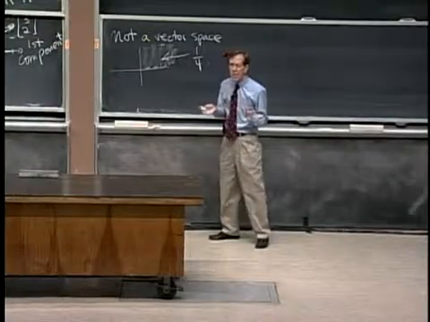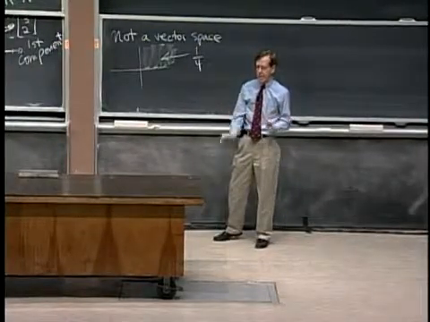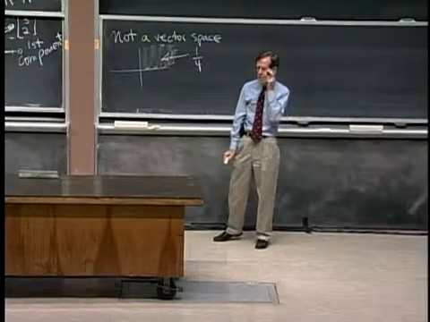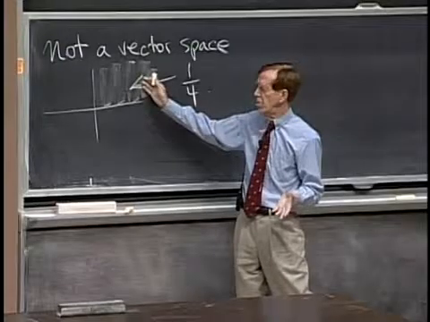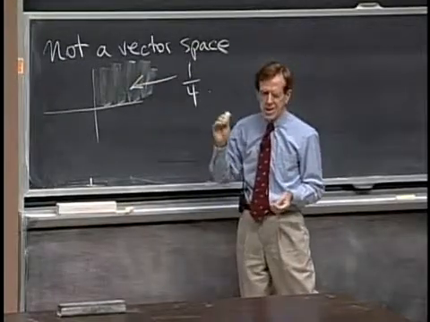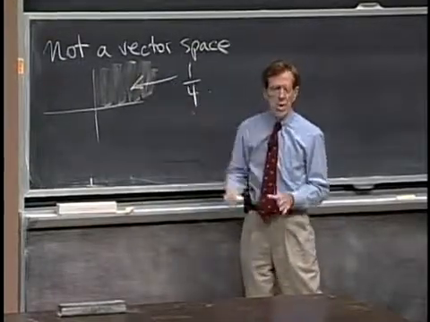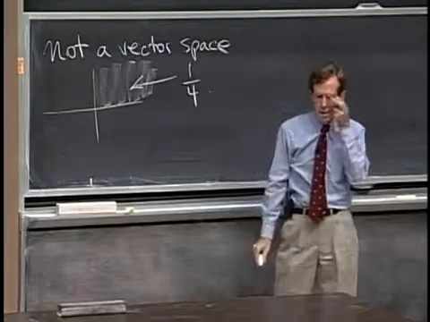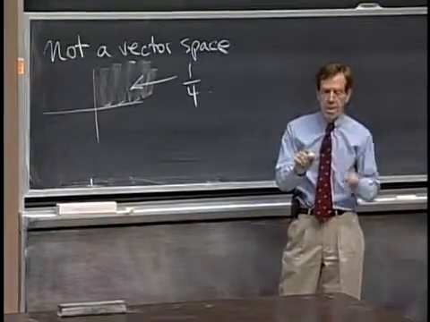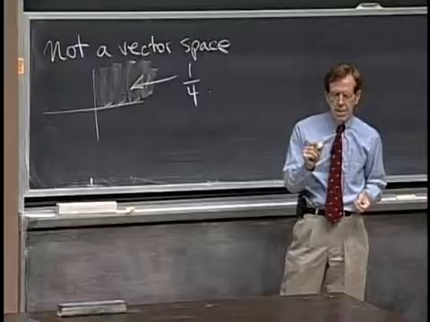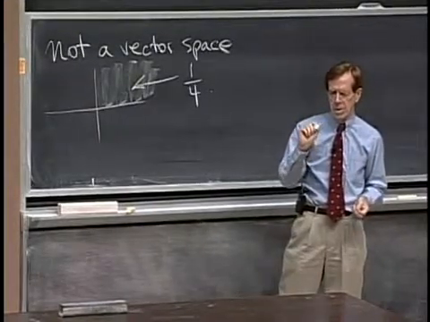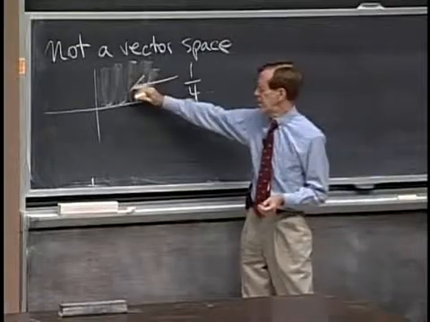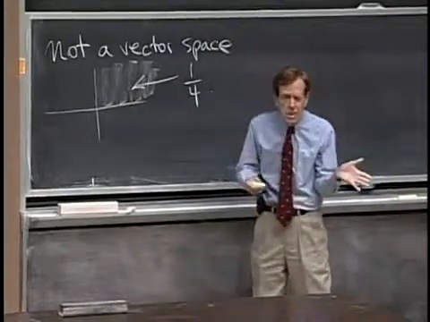Can I add those safely? Yes. If I add a vector like 3, 2 to another vector like 5, 6, I'm still up in this quarter. No problem with adding. But there's a heck of a problem with multiplying by scalars, because there's a lot of scalars that will take me out of this quarter plane, like negative ones.